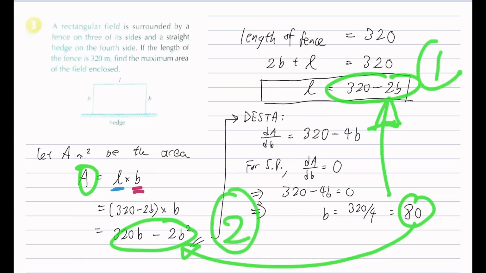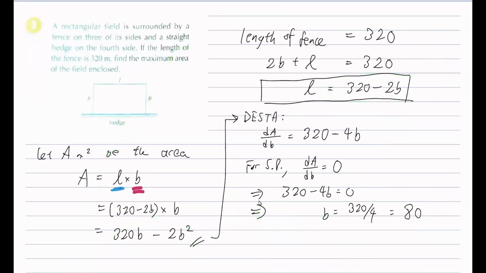You sub into equation 2, right? Because you are looking for the maximum area, so you don't need to find L. They never asked you to find L. If they did, then you need to do it.